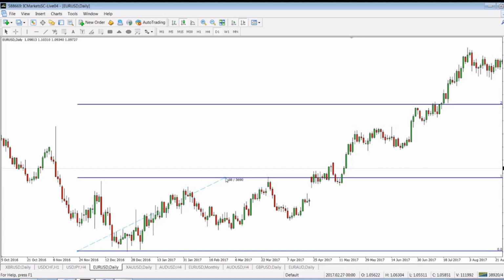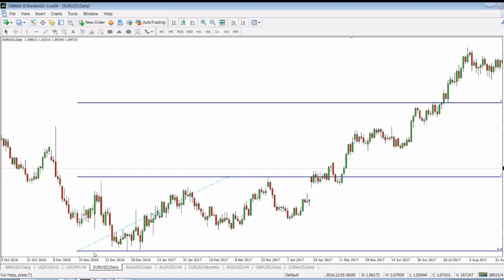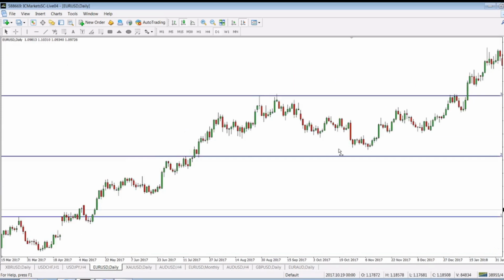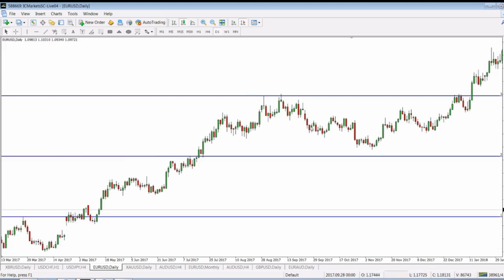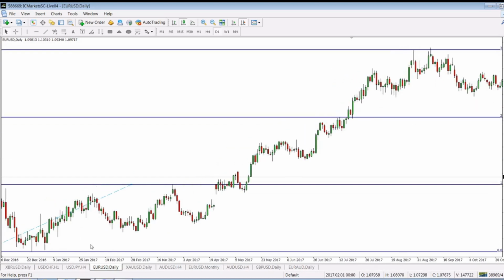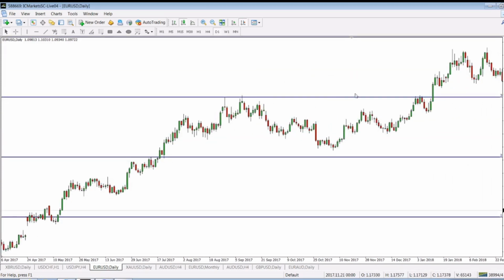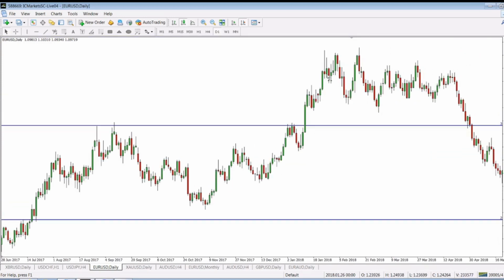Probably we should consider this one as a first level. And we are on daily Euro USD. Look how the market behaves over here. After the market tripled this level, it hit once, it hit a second time, came back, and then with one strong move the market went through.